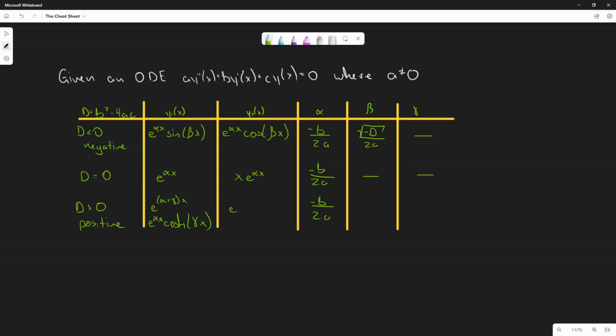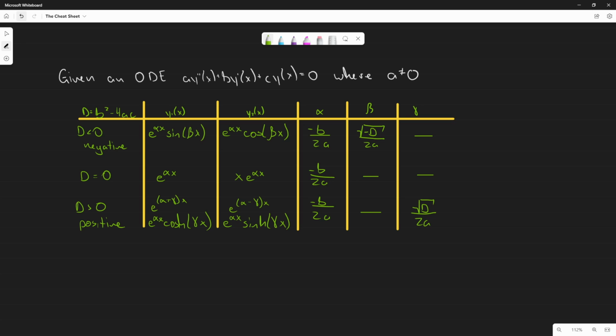Our second solution will be e raised to the alpha minus gamma times x, or e to the alpha x times hyperbolic sine of gamma x. We know what our alpha is. There's no beta in this situation, but our gamma is similar to our beta, the only difference being that instead of the negative, it will just be the square root of D all divided by 2a. And that's pretty much it.